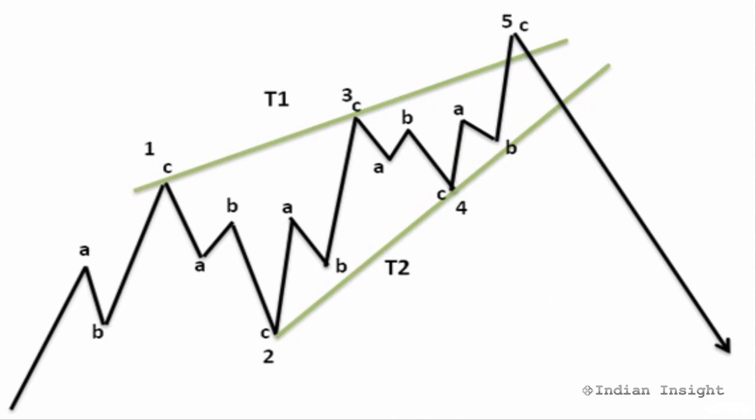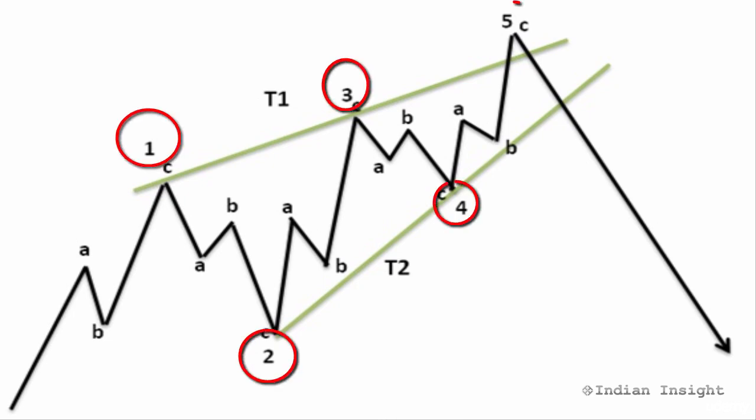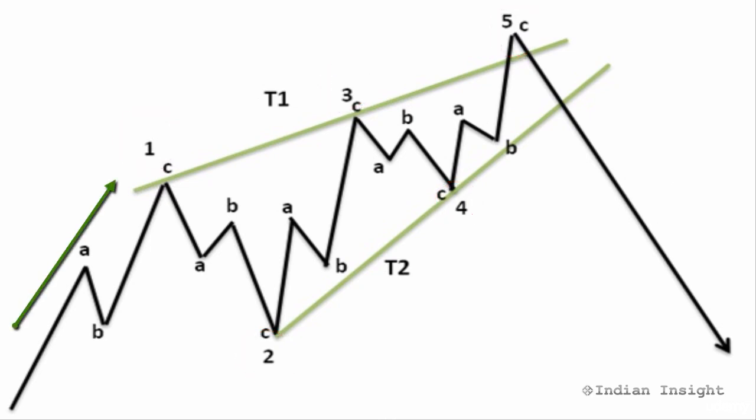Now this is how a rising wedge pattern looks. The first thing to notice about this pattern is that it consists of 5 legs that are marked as 1, 2, 3, 4 and 5. So you see that this is the first leg which moves up overall.